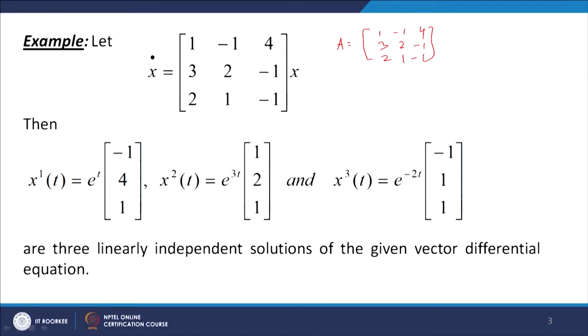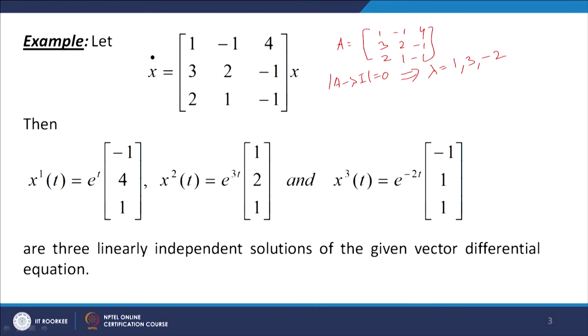For this, we first write the characteristic equation of the matrix A, determinant of A minus lambda I equal to 0. It will give you a cubic equation in lambda. When you solve that cubic equation, you will get the values of lambda as 1, 3 and -2. You can see the 3 values of lambda are real and distinct, and therefore, the corresponding eigenvectors will be linearly independent.